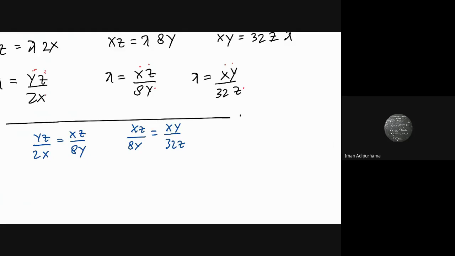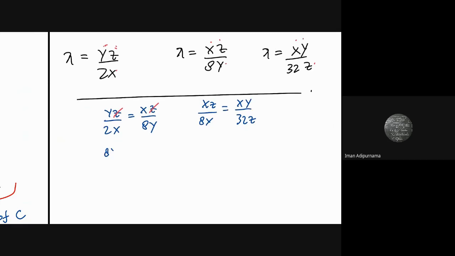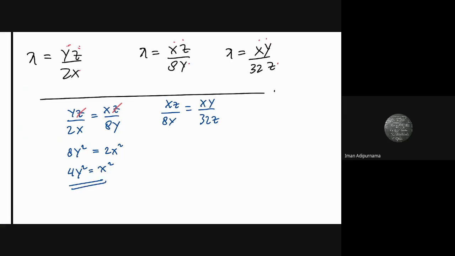Okay, at least these two are enough to find all possibilities, right? So this will be that, 8y squared and then 2x squared. So we have this relation, and the other.